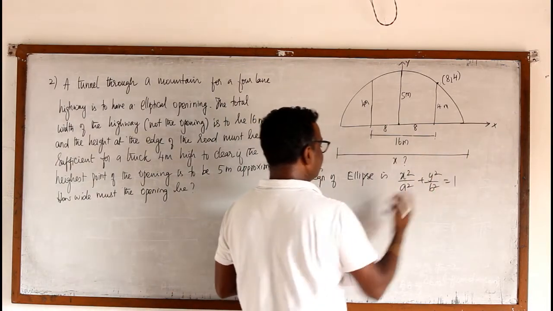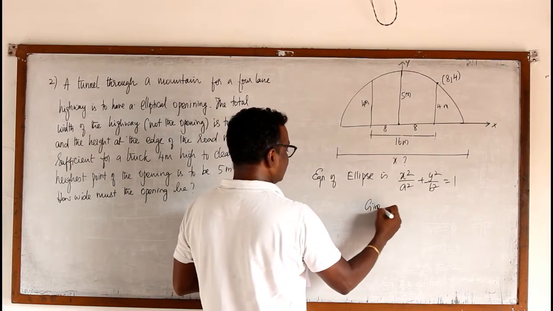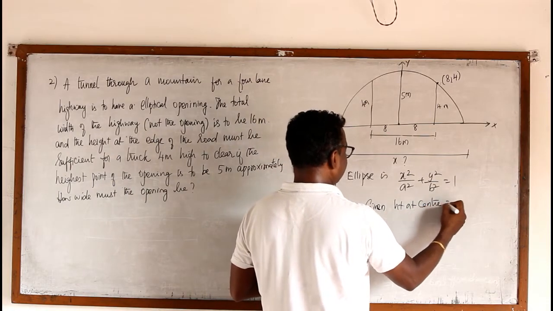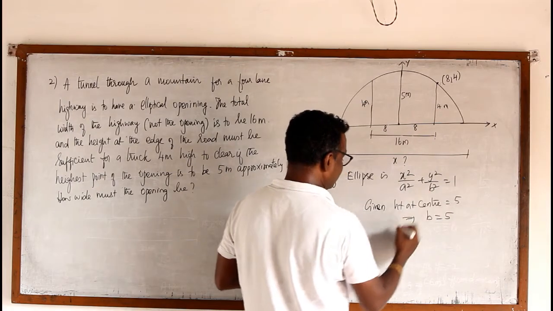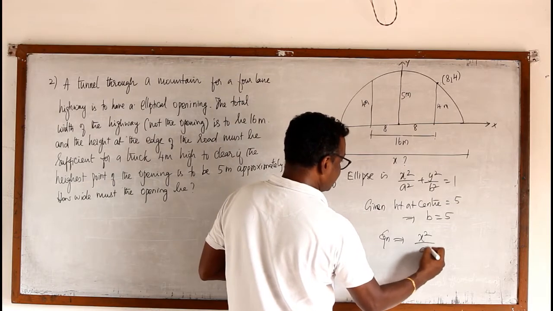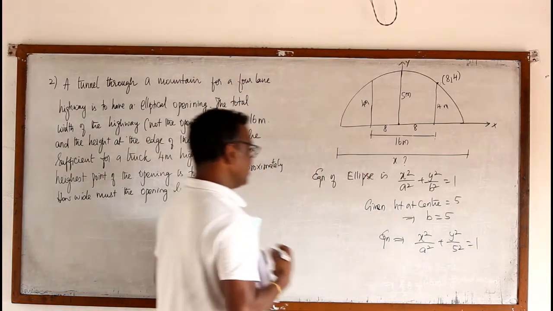Here the total length is not given, but they gave the height at the center equal to 5. This implies b equal to 5, then the equation becomes x square by a square plus y square by 5 square equal to 1.